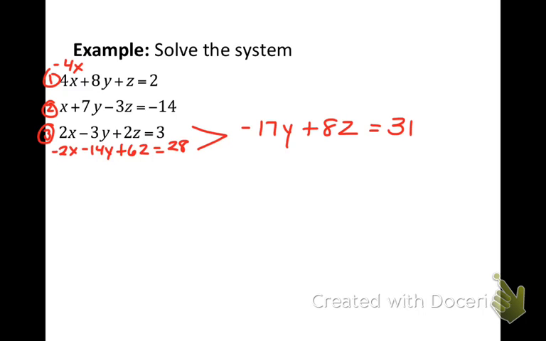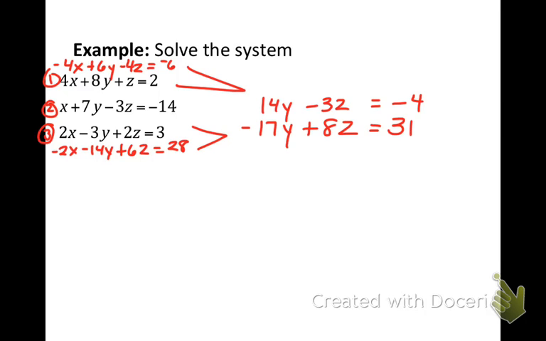I get doubling negative 2, so positive 6y. 2z times negative 2 is negative 4z. 3 times negative 2 is negative 6. So combining those two together gets me, what is that, 14y minus 3z equals negative 4.